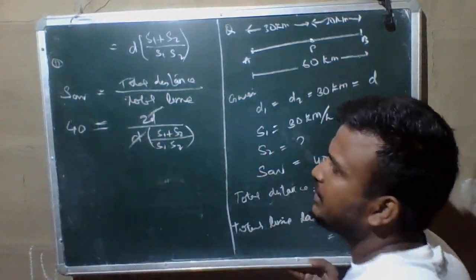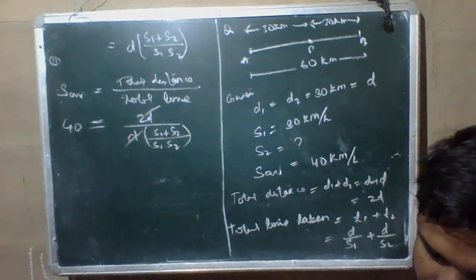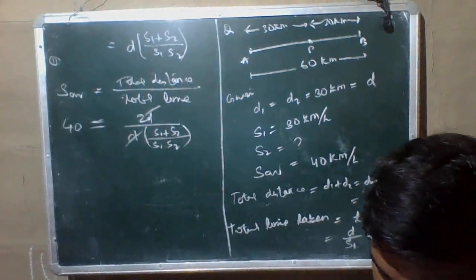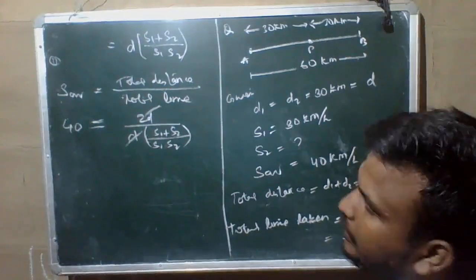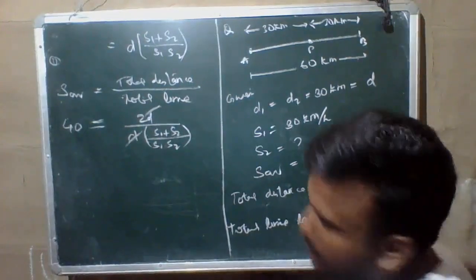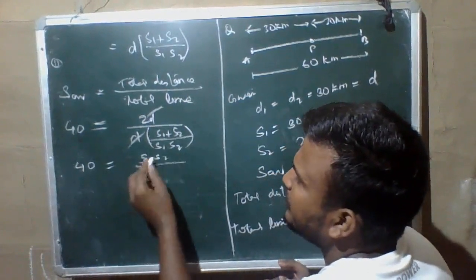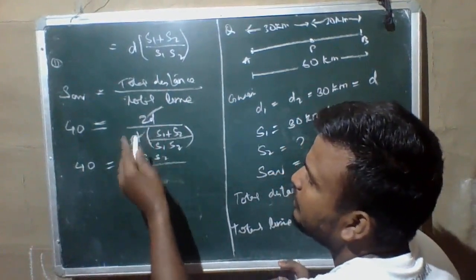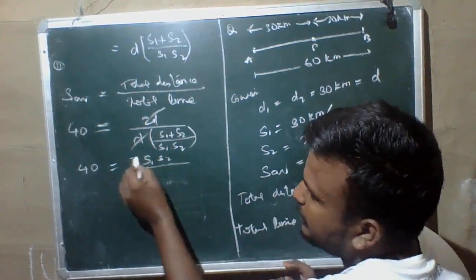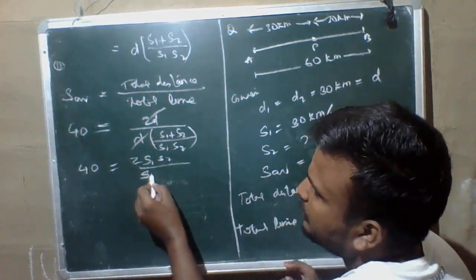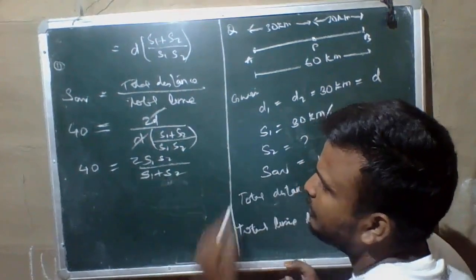So you can see this d and d will get cancelled, and S1 S2 will go above, so we have 40 equal to 2 S1 S2 divided by S1 plus S2.